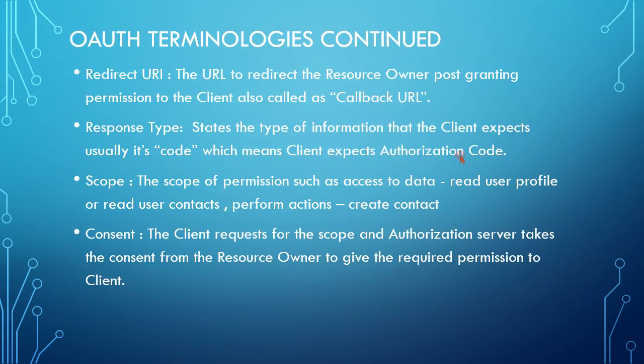Redirect URI. It is the URL to redirect the resource owner after granting permission to the client. It is also called callback URL. Response type. The response type is a parameter that states what the client expects.